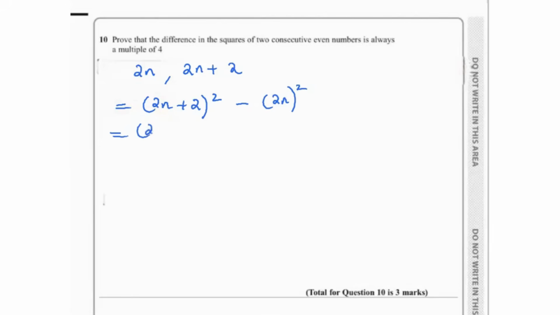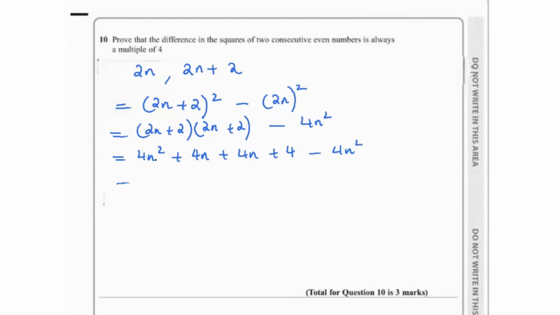Expand the bracket. (2n plus 2) times (2n plus 2) minus 4n squared. That's going to be 4n squared plus 4n, again plus 4n and plus 4. 4n squared minus 4n squared is 0. 4n plus 4n is 8n and then plus 4.